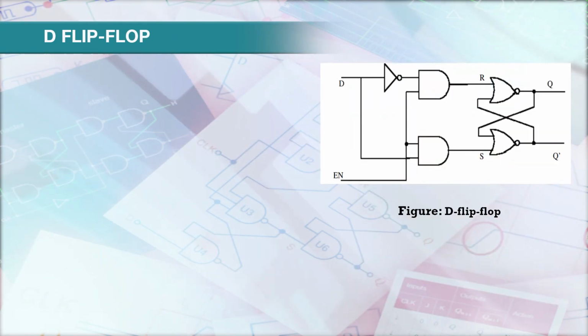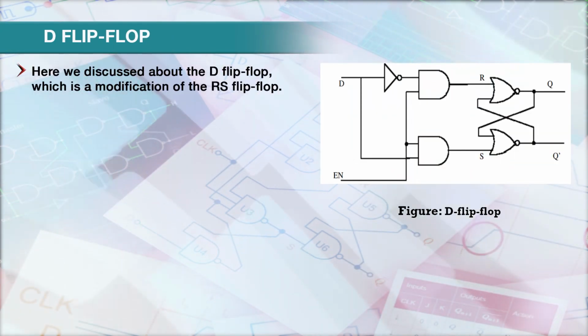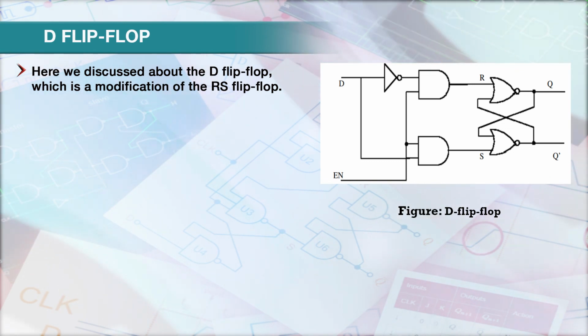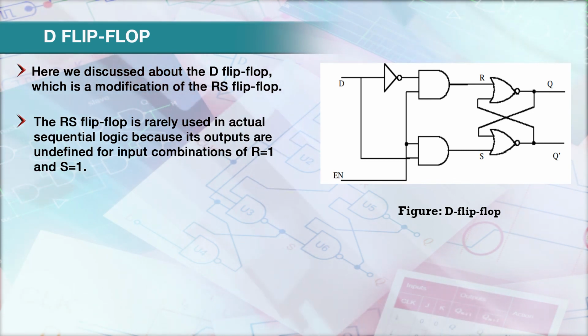Here, D flip flops. Here we discuss the D flip flop, which is a modification of the RS flip flop. The RS flip flop is rarely used in actual sequential logic because its outputs are undefined for the input combination of R equal to 1 and S equal to 1.